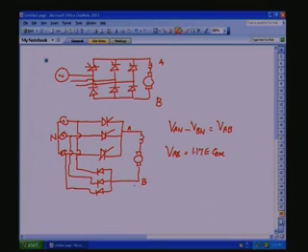Okay. What about VBN? VBN is due to diode with the firing angle alpha equal to 0. So, it is already negative. So, minus of that one will be positive.